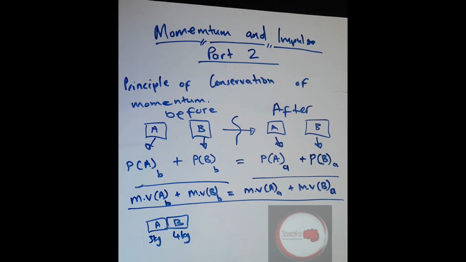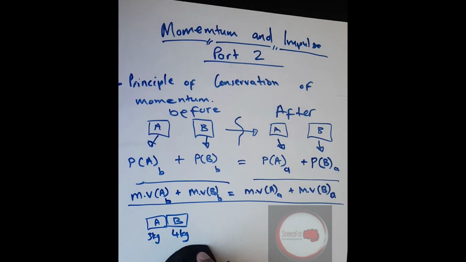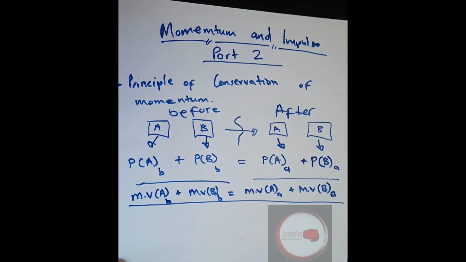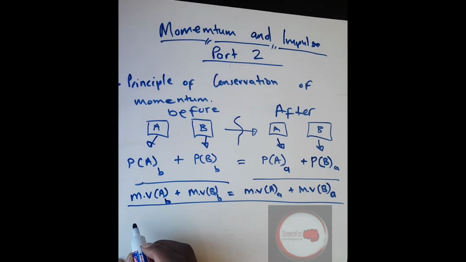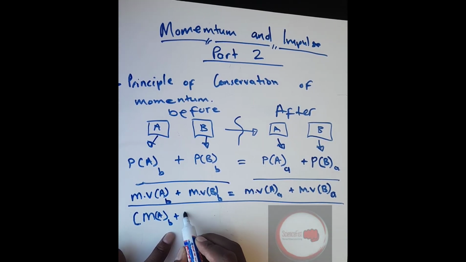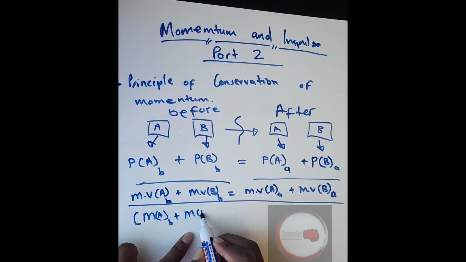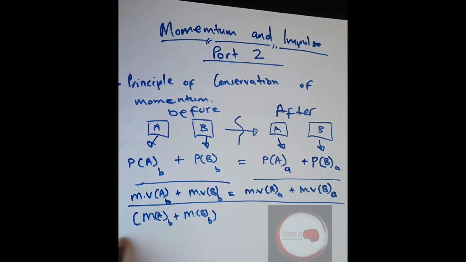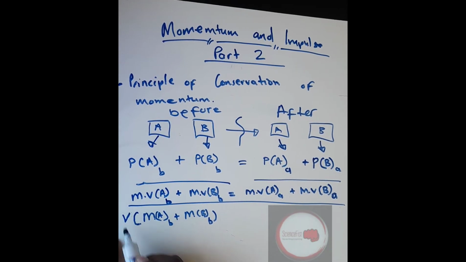Okay, so if they have the same speed, I can now go on and factor out the velocity. Then I can have the mass of object A before plus the mass of object B before. And now I can write my V there.